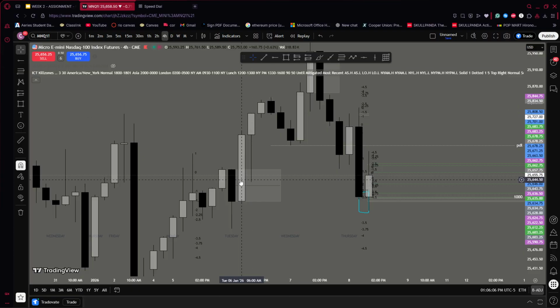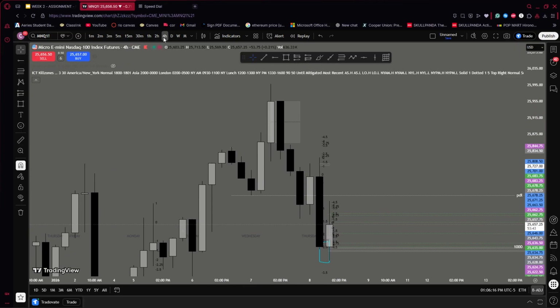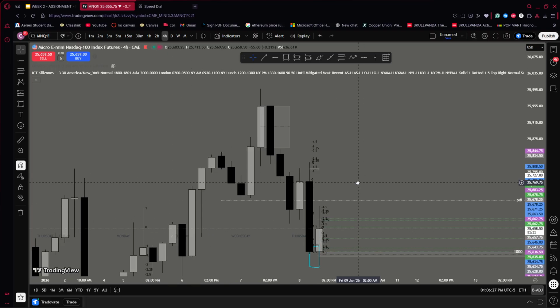If you scale down, there are probably some more perfect PDRs aligned right here. That's why I didn't reject on the CE, but either way, you're just stacking confluences. And this is a pretty high time frame, so if you keep scaling down, you'll find more and more confluences, and you'll narrow down which area in this 4 hour CISD would be high probability.